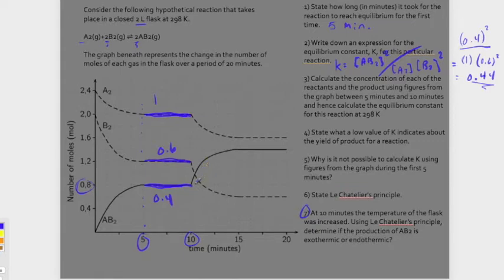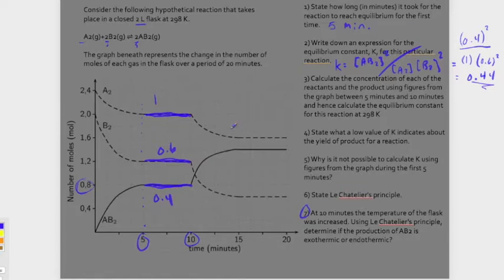And let's think about the result of this. As a result, the stressor caused my system to shift what way? It shifted to the right. I made more product. I consumed more reactant.